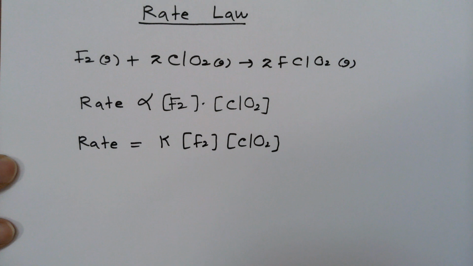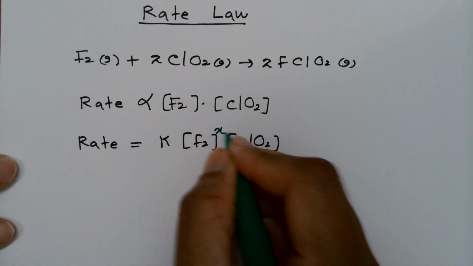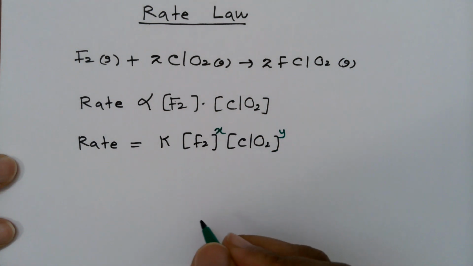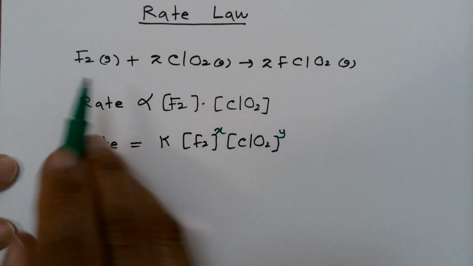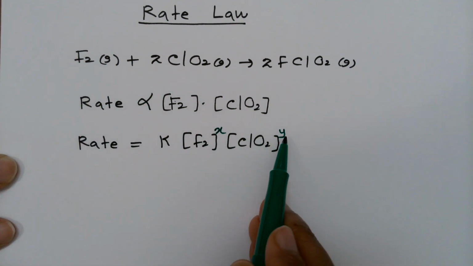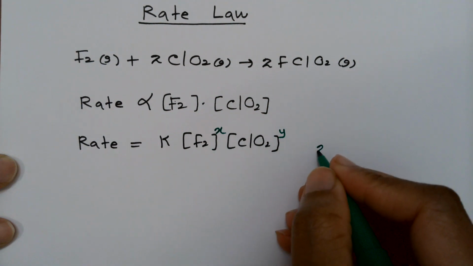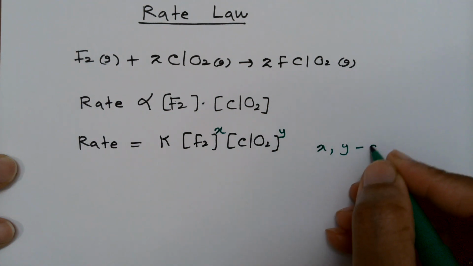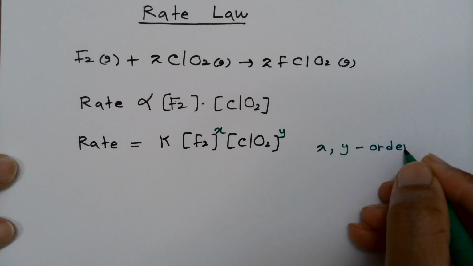In addition to these concentrations, we are adding the powers x and y. These x and y are not equal to the stoichiometric numbers. They are different values. We call x and y the orders of the reaction. They are reaction orders.